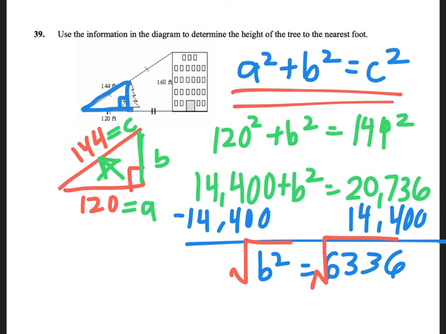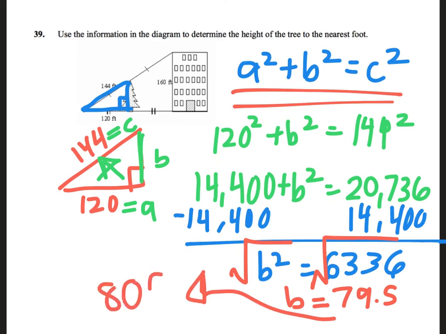When we do that, we get the square root of 6,336. We get B equals 79.5. They want us to round to the nearest foot, so we're actually going to call that 80 feet. And that is how tall the tree is.